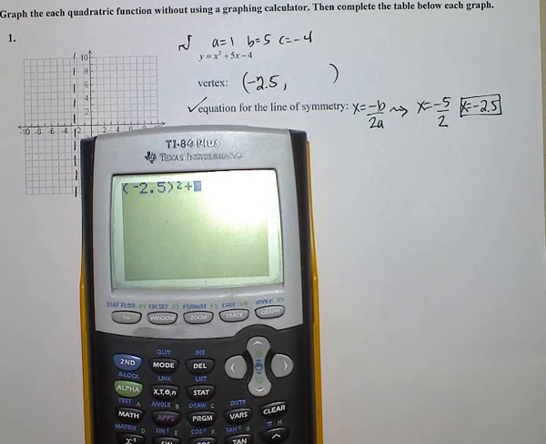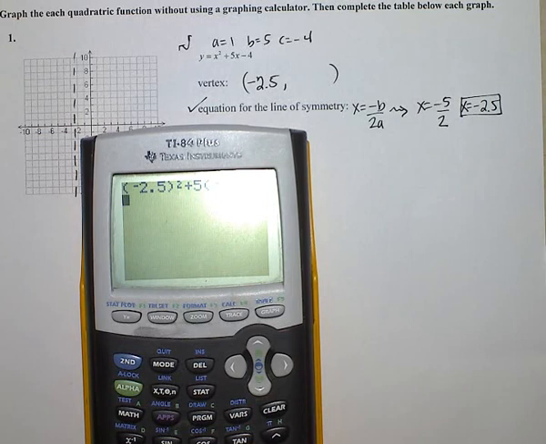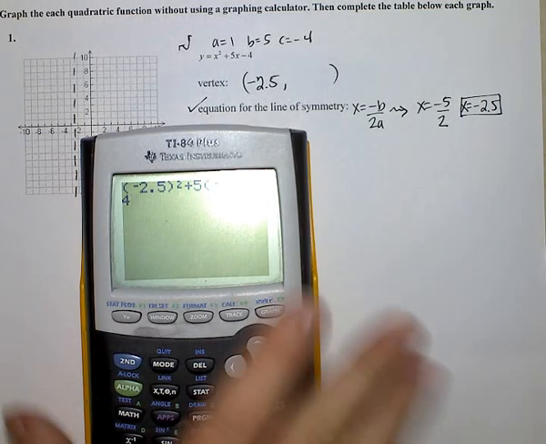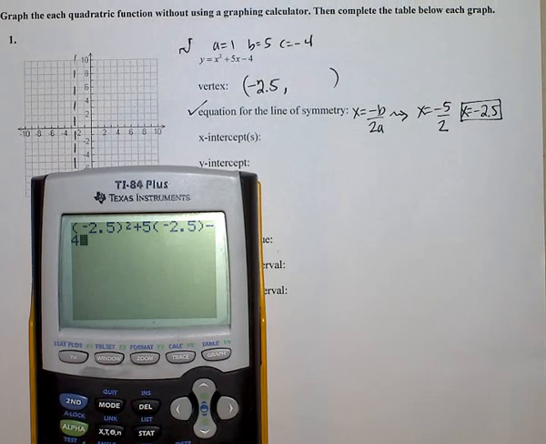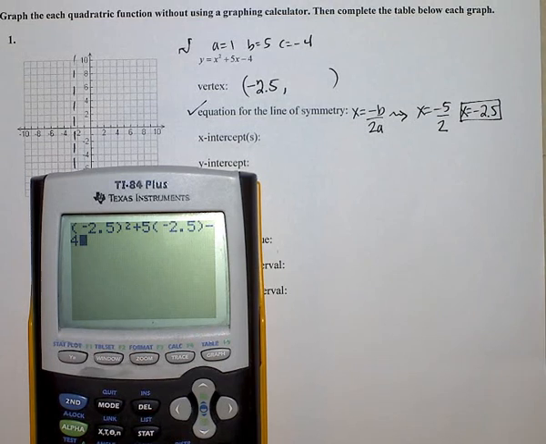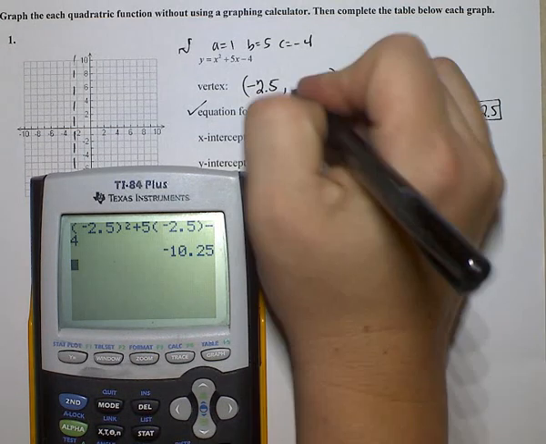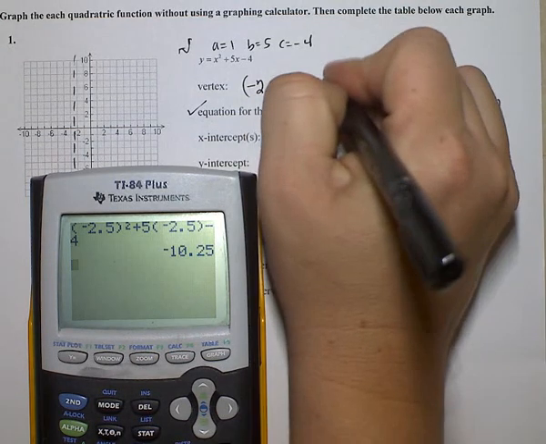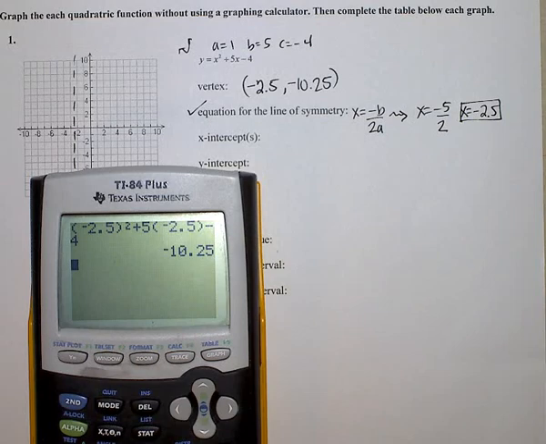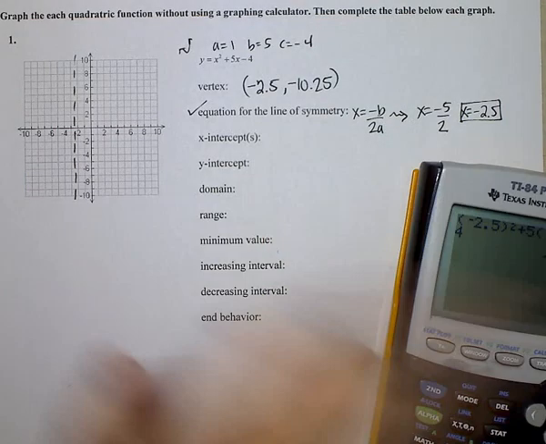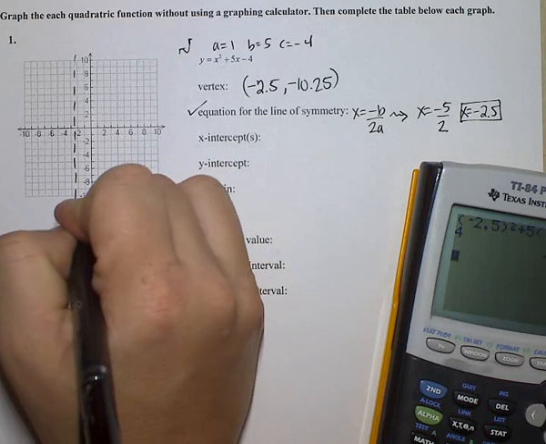Plus 5 times the quantity -2.5, and parentheses subtract 4. It is a subtract 4, not a -4. Okay? Then press enter. And for answer, you should have an answer of -10.25. I'm going to estimate right here.